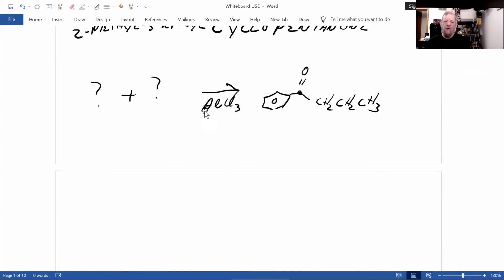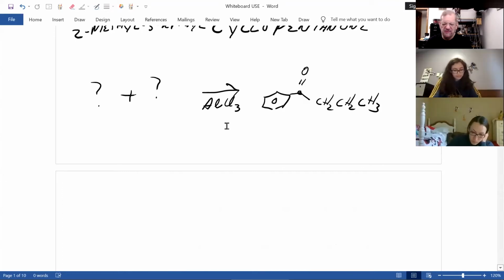And there you go. What would be the 2 things you'd need to react with aluminum trichloride to make this compound? By the way, that's a C double bond to O. And I'll let you try it first, and then I'll do it.